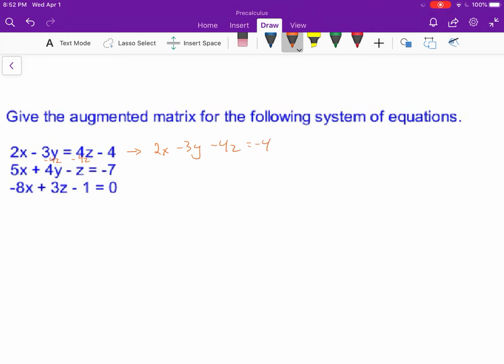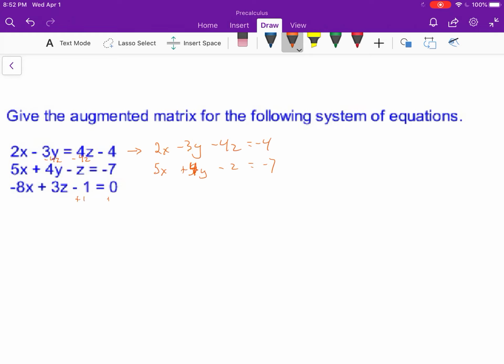The second equation works out. It looks good, so we're going to write that 5x plus 4y minus z is equal to -7. And the last one, we have to add 1 to both sides, and we see that's -8x. There's no y term, so I'm actually going to skip a space because there's 0 y's. You don't have to do that, but it may help for later.